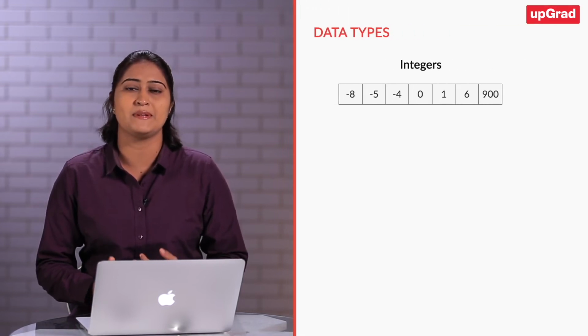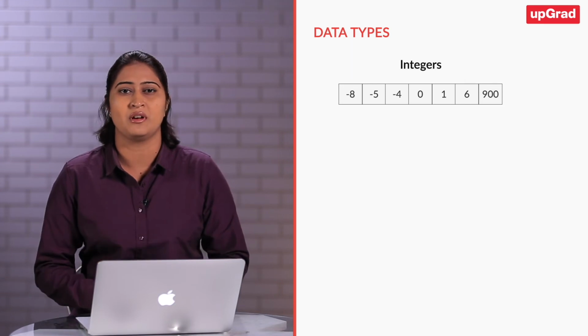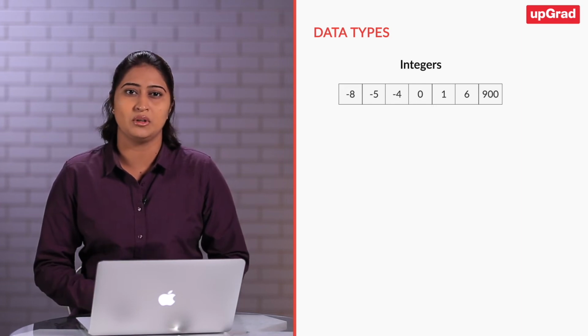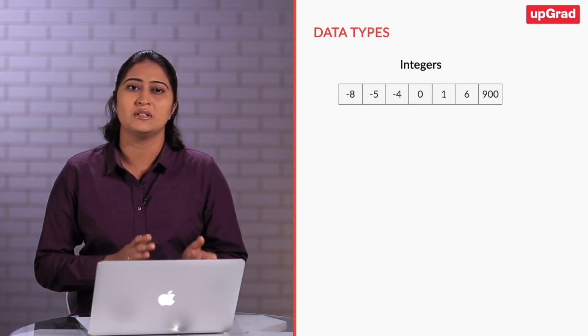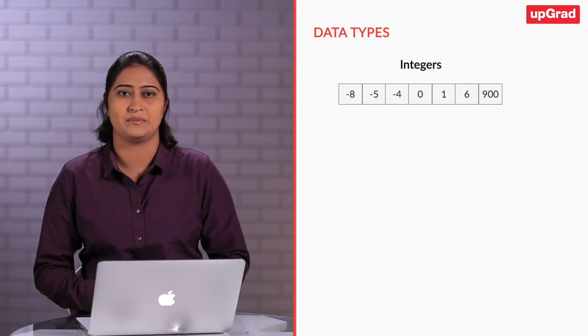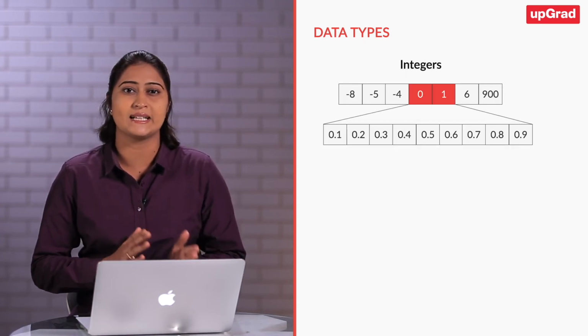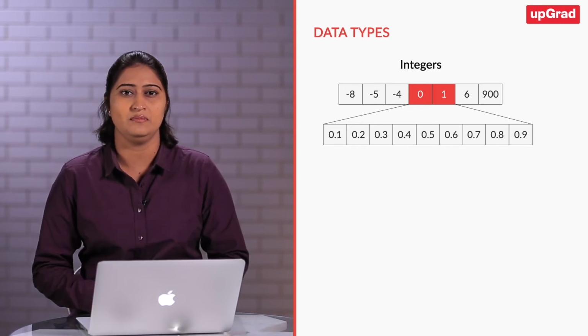Here are some examples on integers. Integers can be negative or positive with a large but finite range of numbers. Floats are real numbers. They include integers but also numbers in between the integers. Consider the numbers between 0 and 1. We can select numbers in between them. These numbers are floats.